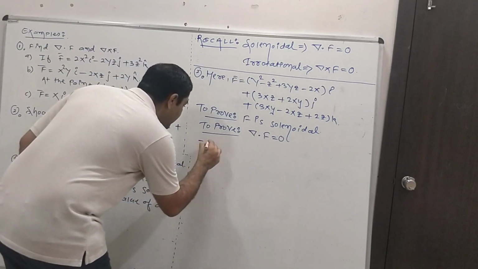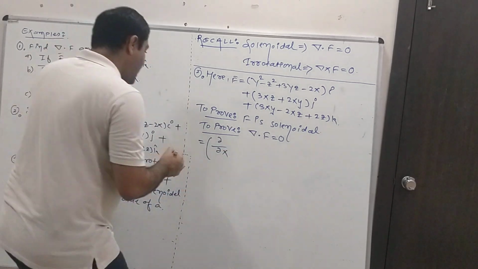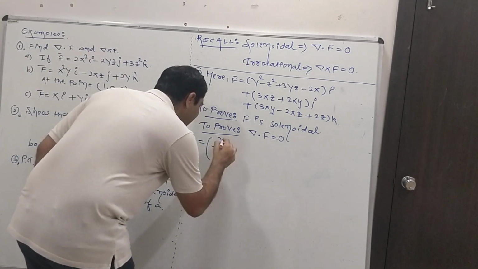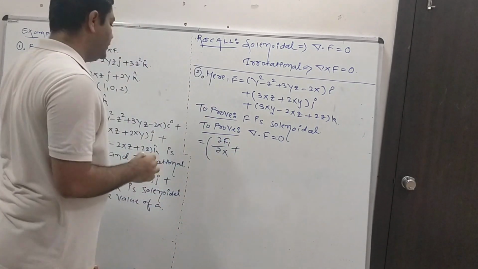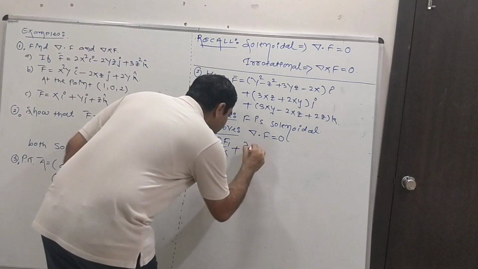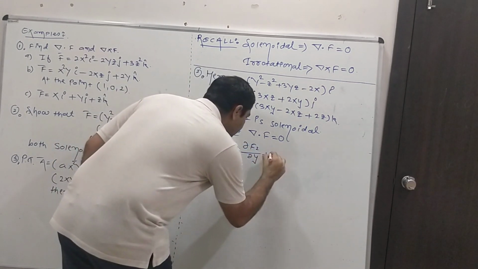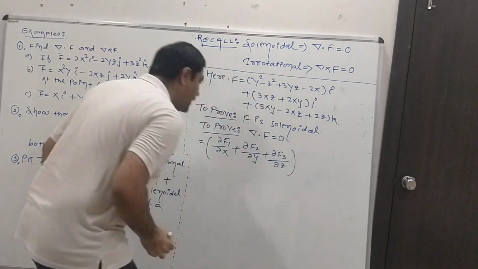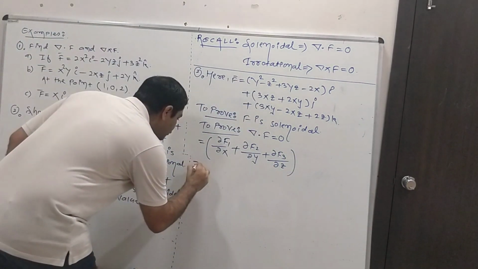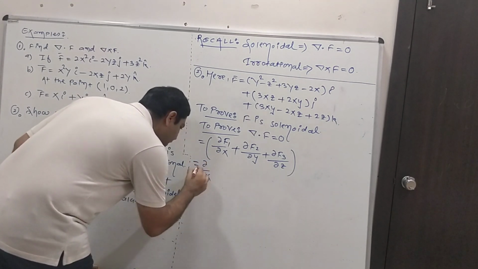So we'll write del means del by del x i, or you can write directly del F1 by del x, del F2 by del y, del F3 by del z, which is equals to del by del x.